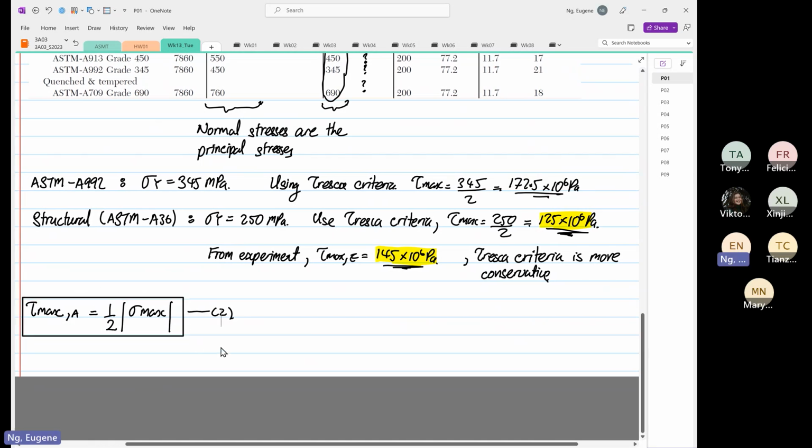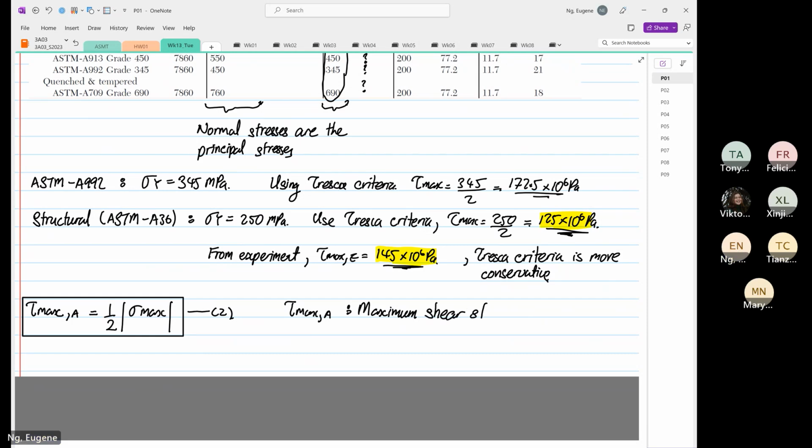I'll define here: tau max A is your maximum shear stress obtained from structure analysis.